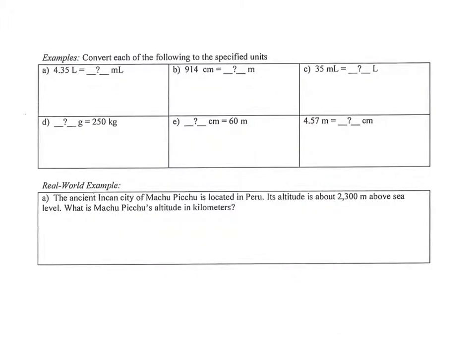So now we're going to look at some of these conversions. If you have 4.35 liters, that's what L stands for, liters, how many milliliters is this? If you remember, 1,000 milliliters equals 1 liter. So if it's 1,000, there's 3 zeros in it.